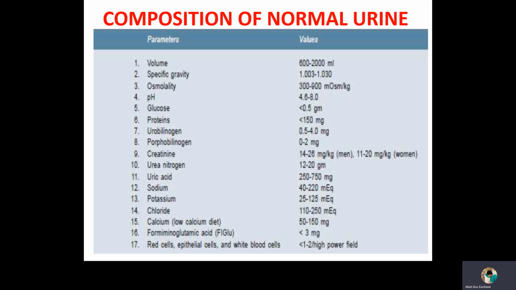The specific gravity is always 1.003 to 1.030. Osmolarity is 300 to 500, whereas the pH is 4.6 to 8 in the urine. That can vary, it might be acidic in nature or it might be alkaline in pathological conditions.